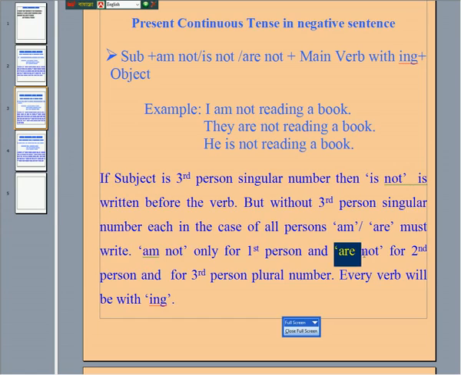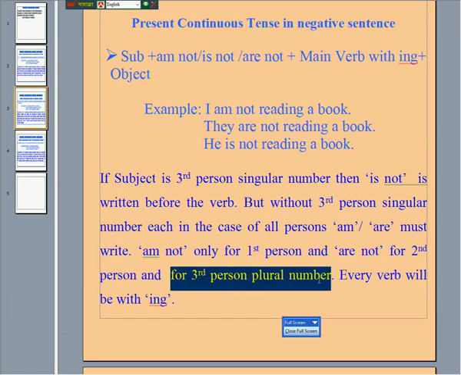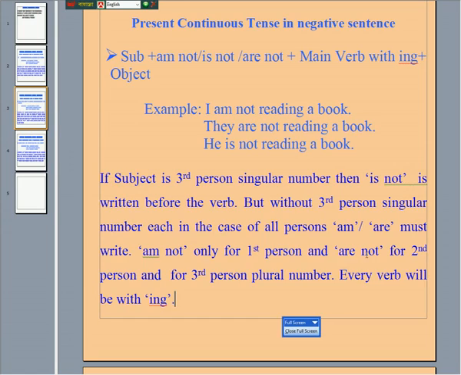And are not is for second person, you, and for third person plural number.